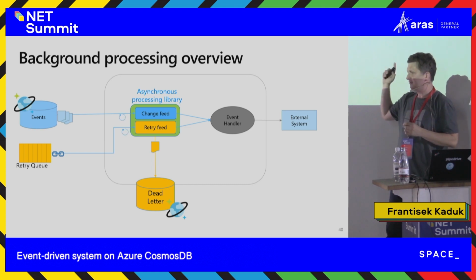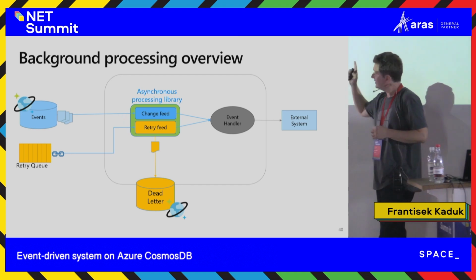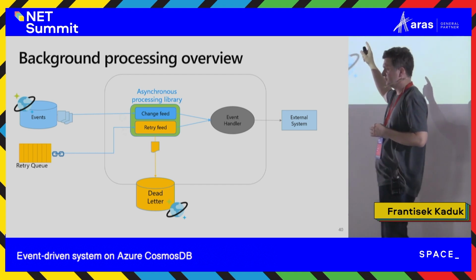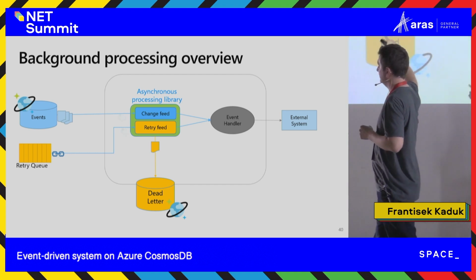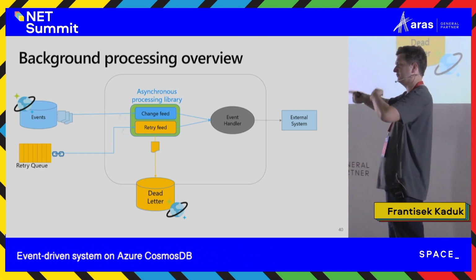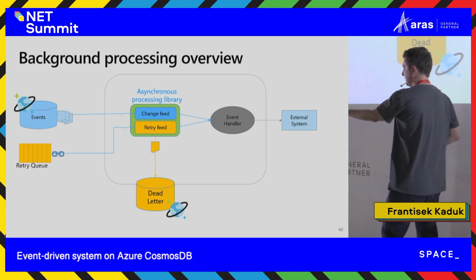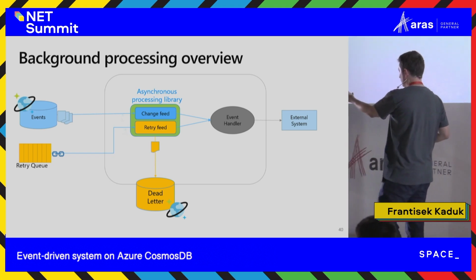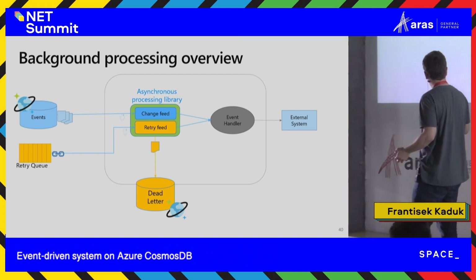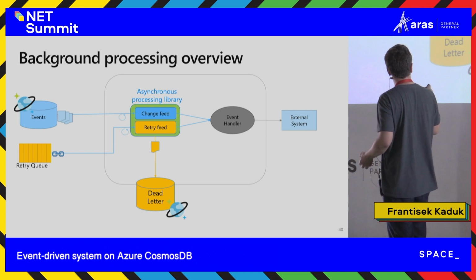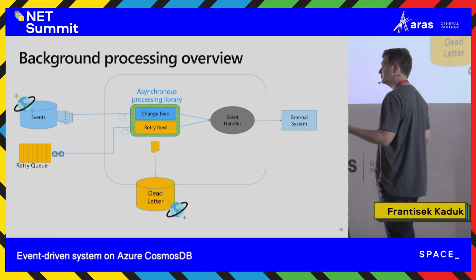But there is one really bad issue here. The issue is that we are now starting to process the events out of the order, because for the same contact we can get some event which is coming from here and then also from here. So we need to solve it somehow.